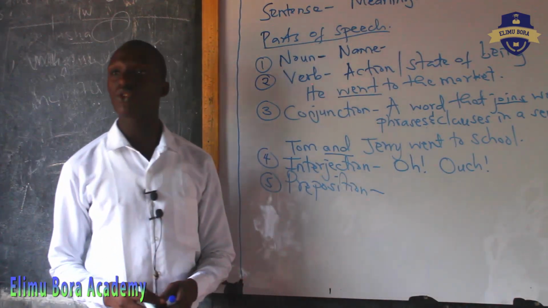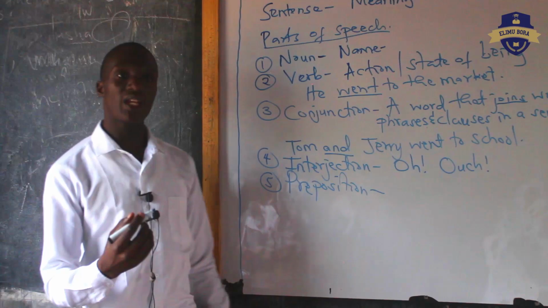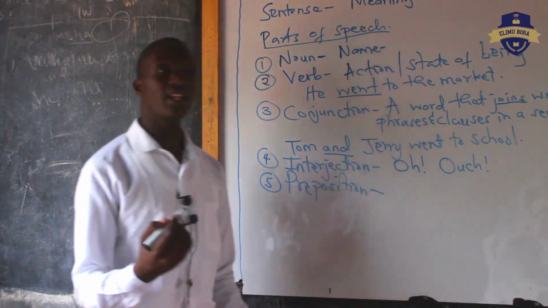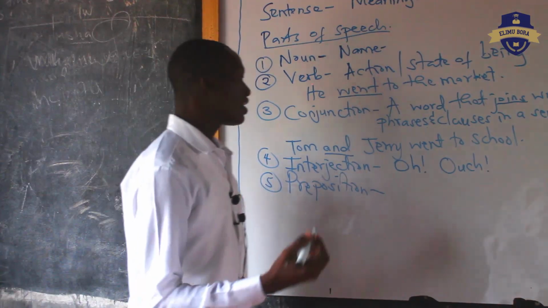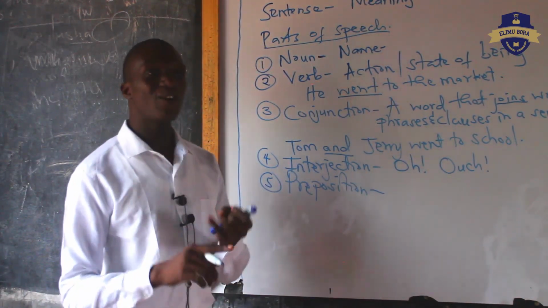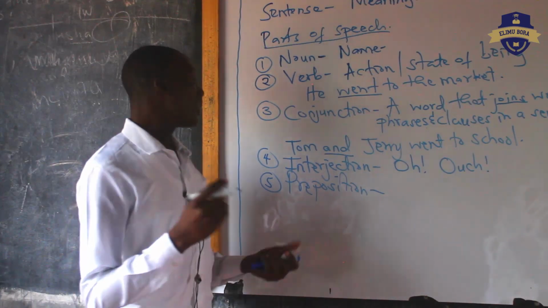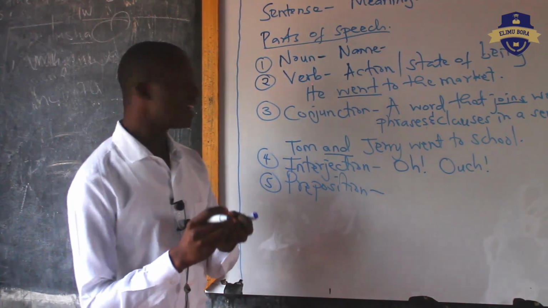So a preposition is a word in a statement that shows the connection between an object and its noun. An object is a noun. So a preposition is a word that shows the connection between the noun and the verb.